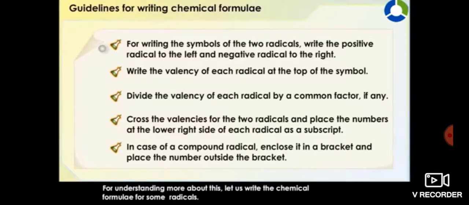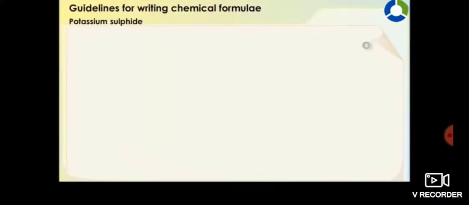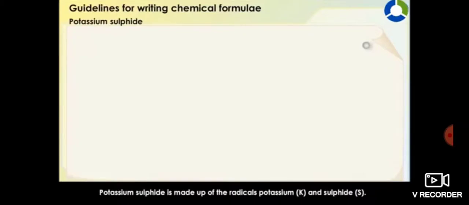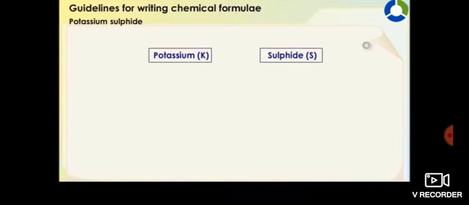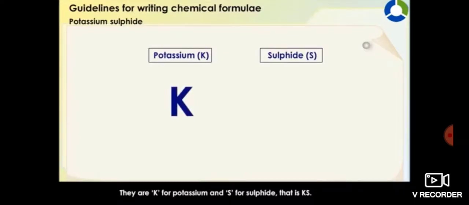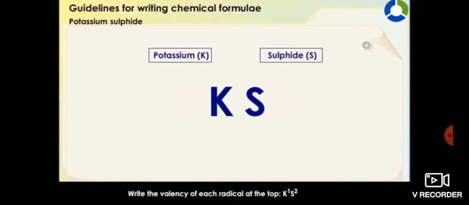For understanding more about this, let us write the chemical formulae for some radicals. Potassium sulfide. Potassium sulfide is made up of the radicals potassium K and sulfide S. For writing the chemical formulae, first write the symbols of radicals. They are K for potassium and S for sulfide. Write the valency of each radical at the top.